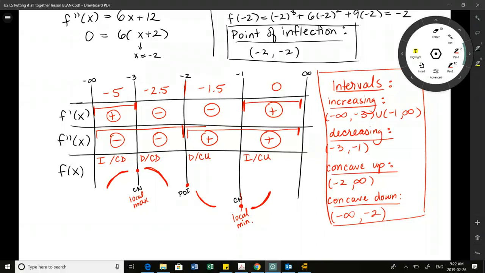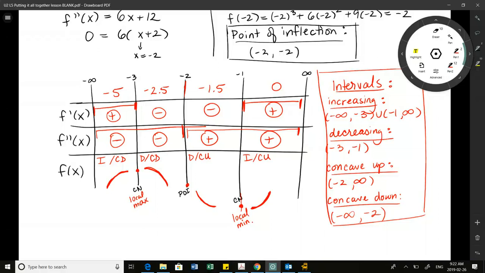So critical numbers should be excluded from the intervals of increase, decrease. Points of inflection need to be excluded from concave up, concave down intervals, not critical numbers. So it's important to remember that the critical numbers kind of go with the first derivative, and the point of inflection kind of goes with the second derivative. There's no need for me to exclude critical numbers from a second derivative concave up, concave down interval.